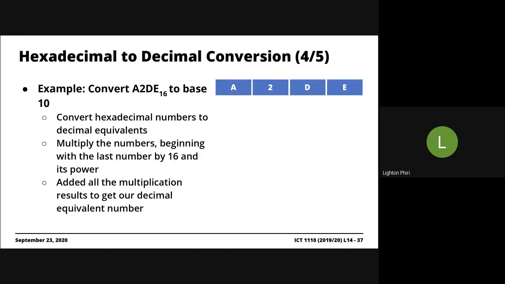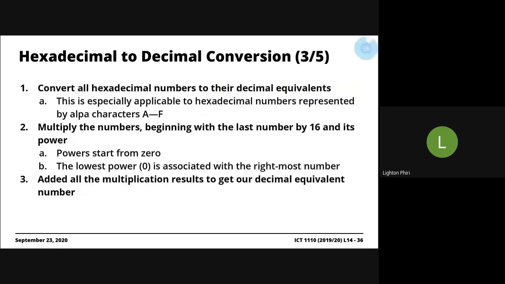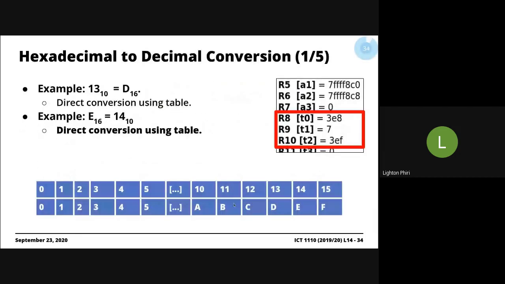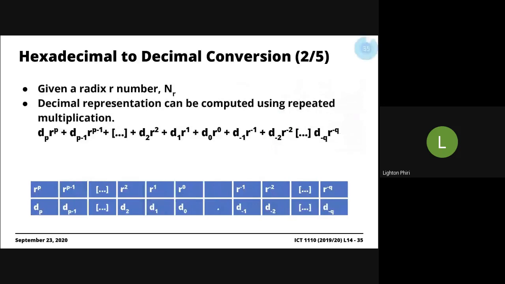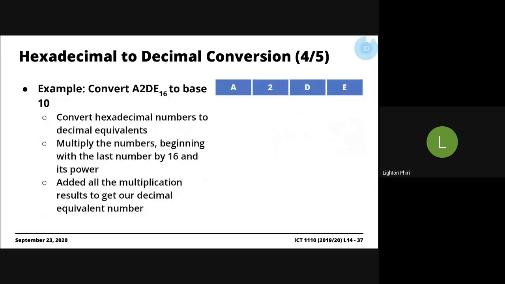A is 10, B is 11, C is 12, D is 13, E is 14, F is 15. So A is 10, 2 is going to be 2, D is 13, E is 14.